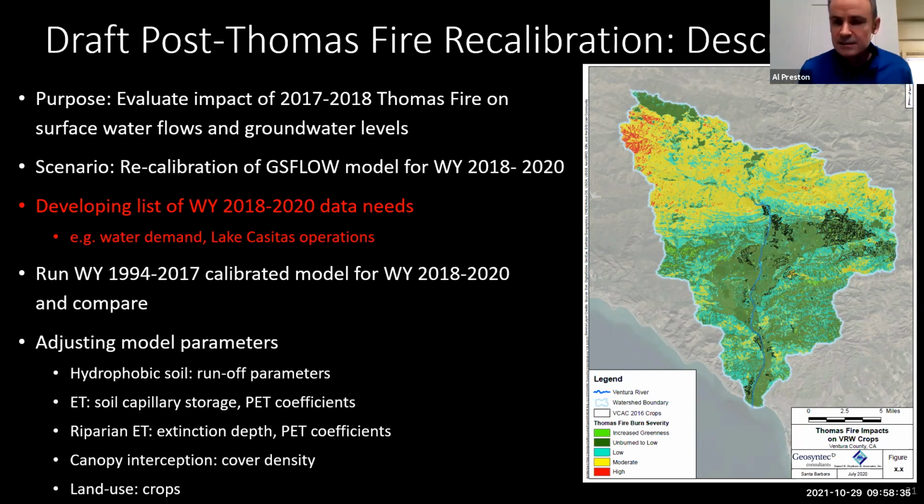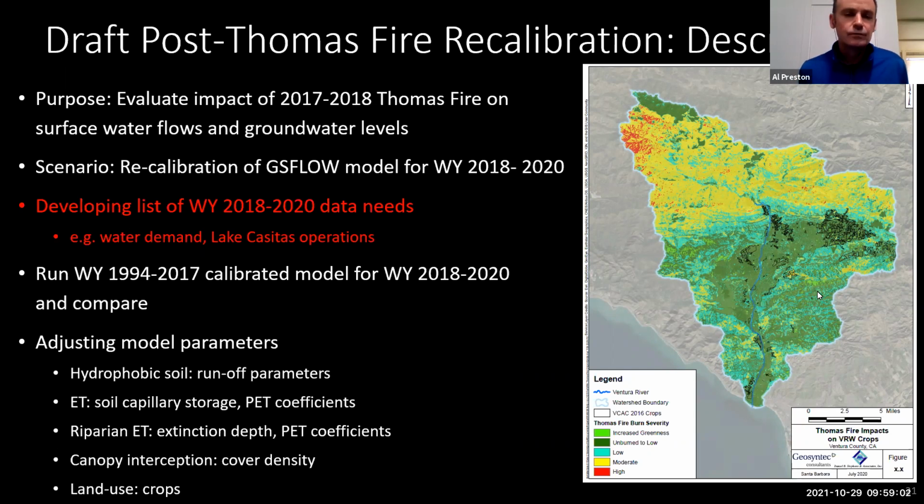We may change the canopy interception, although I don't think that's a big player in this watershed. And then the land use, the crops. On the graphic on the right, it's hard to see, but the crops are shown in black polygons, and most of the severe burning occurred outside the crop region. So there may not be much change in land use there. That's something that we'll consider.